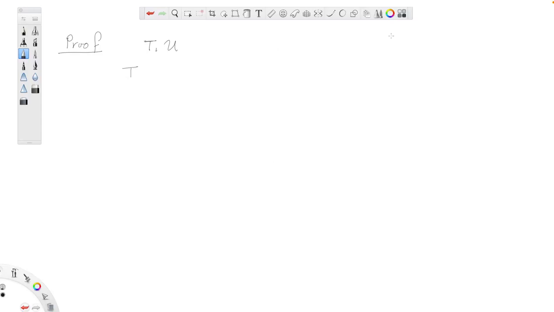So if v and w are two vectors in the vector space V and c is any scalar, then T plus U acting on the vector cv plus w is equal to T of cv plus w plus U of cv plus w, according to the definition, equation number 18. One can write it this way.